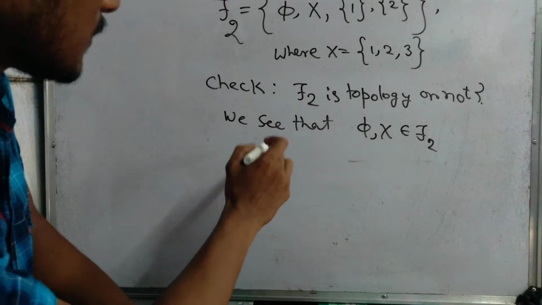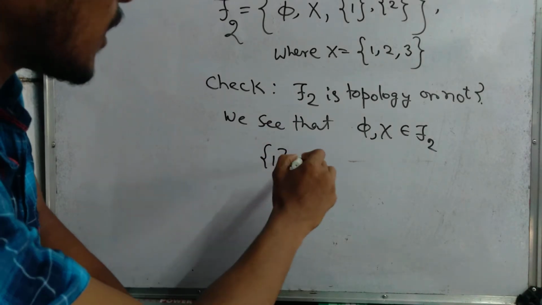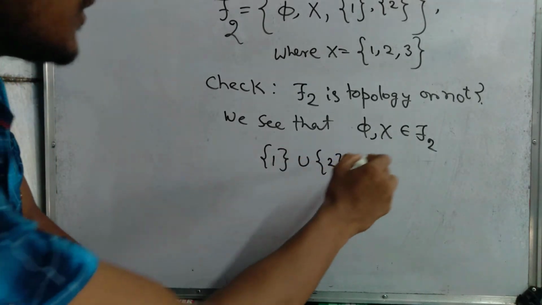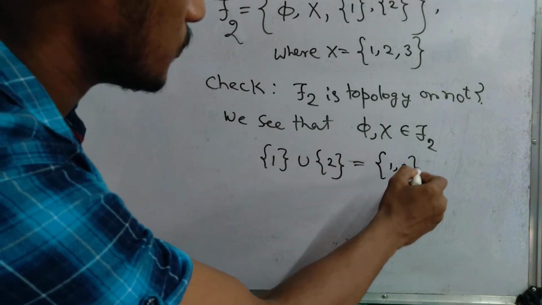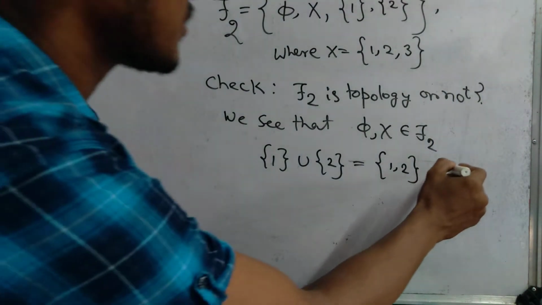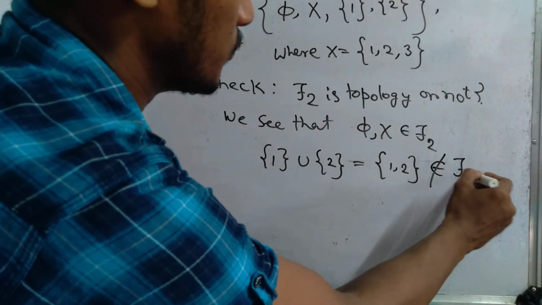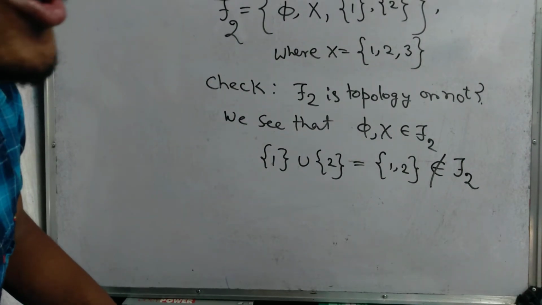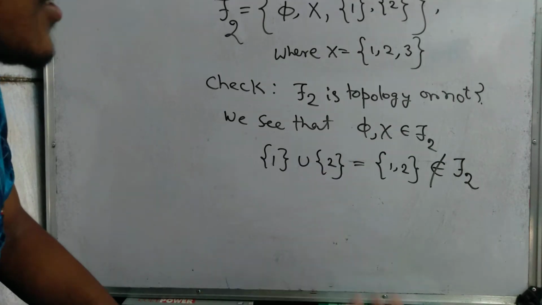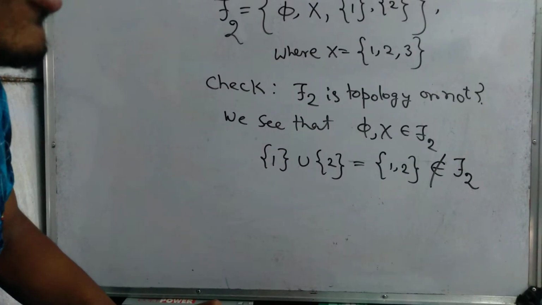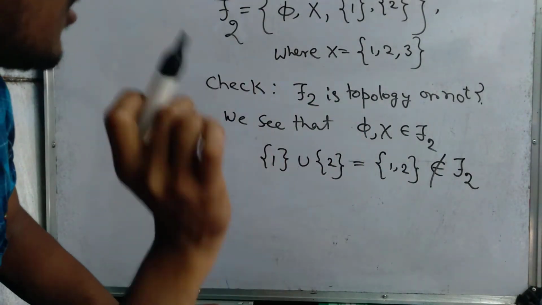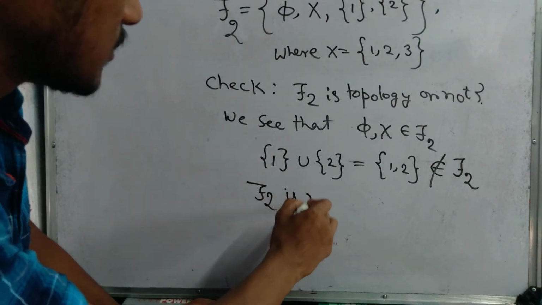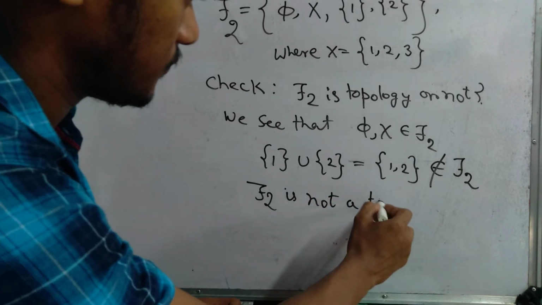What problem? We take singleton 1 union singleton 2. Then this union is {1, 2}, but it does not belong to tau 2. So is this a topology or not? Not, because this does not satisfy the second condition, the arbitrary union condition, of a topology. So tau 2 is not a topology.